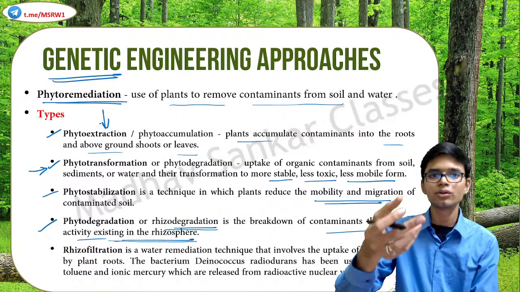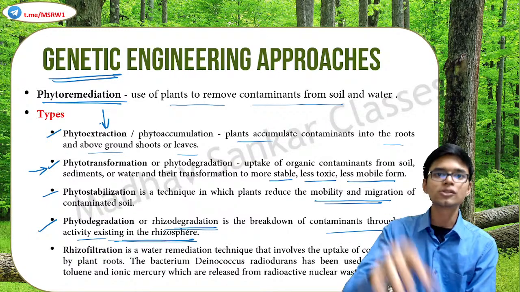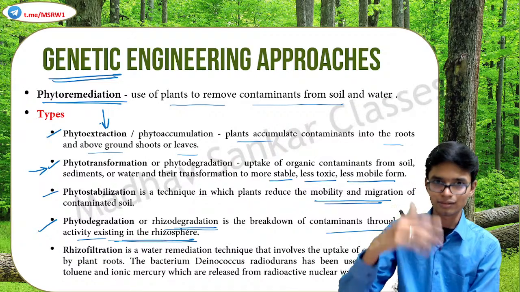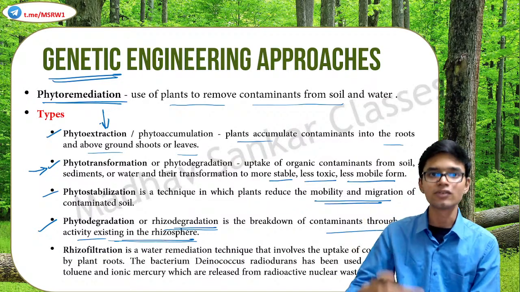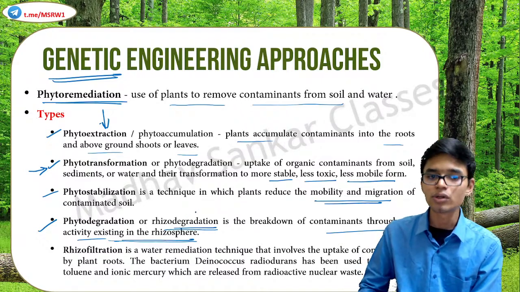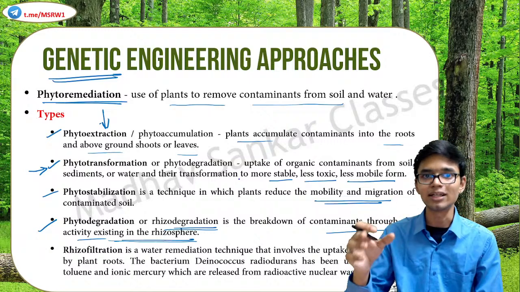In the soil, you know about the rhizobium and all these things. So in the topsoil layer, there are a lot of contaminants which are very active and very mobile. This process of rhizodegradation breaks down these contaminants and prevents their activity in the rhizosphere.